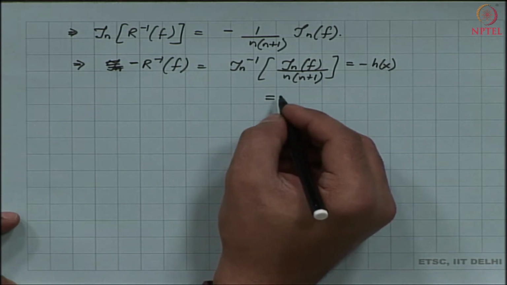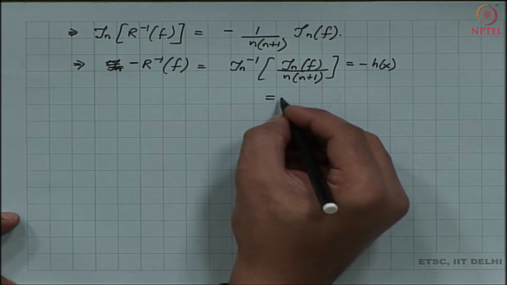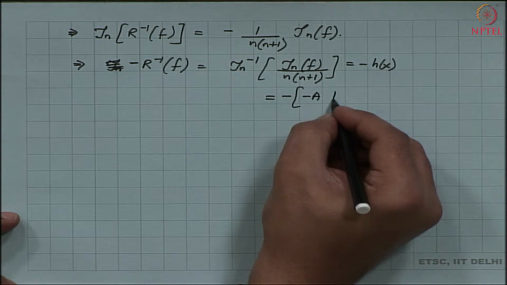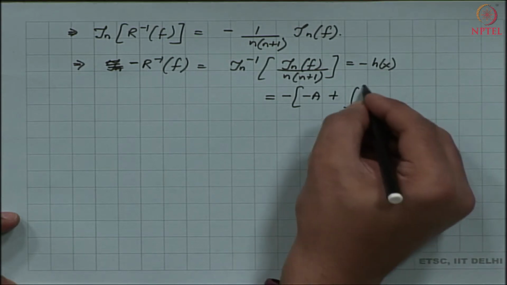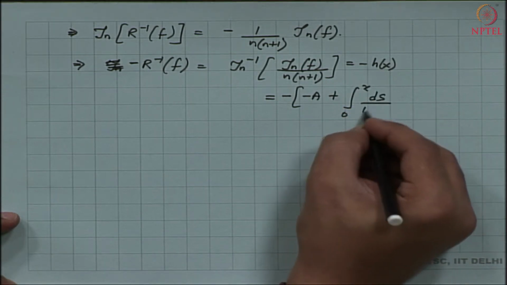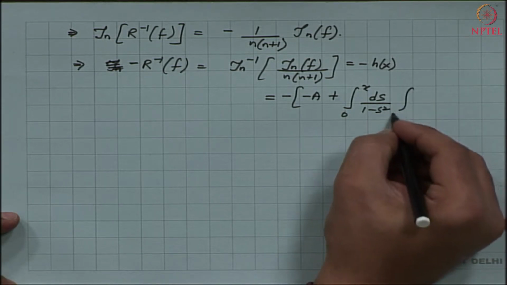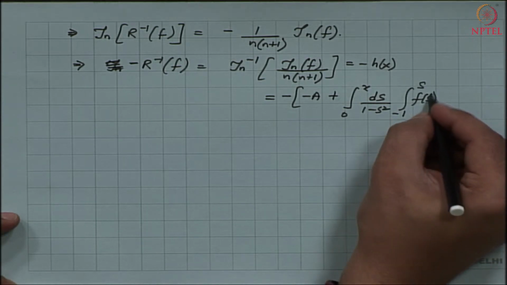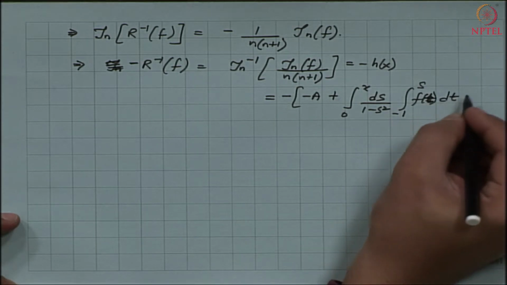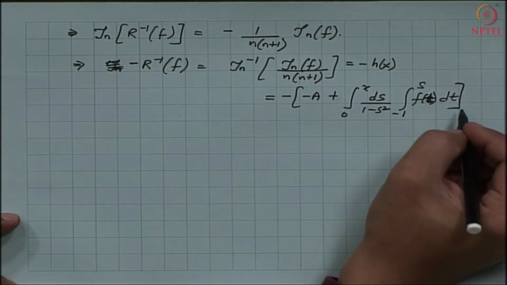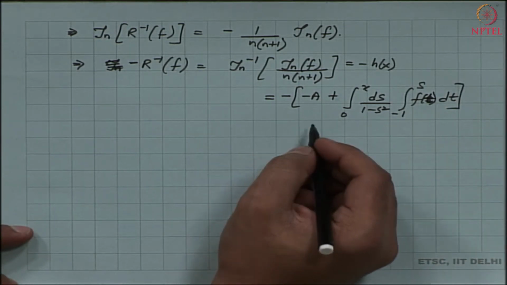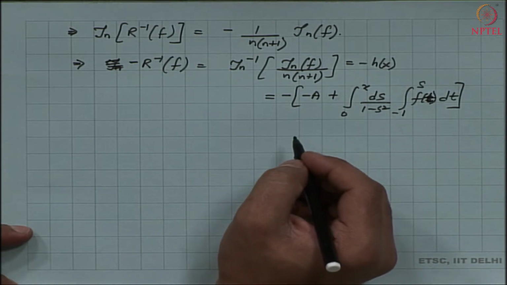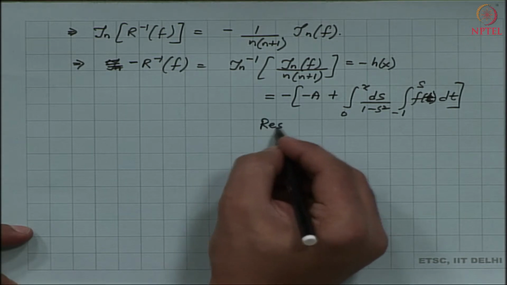We have shown that h is nothing but negative of negative a plus the integral 0 to x ds by 1 minus s square integral from negative 1 to s of f of t dt. And that brings us to the result of this theorem, which we started with.